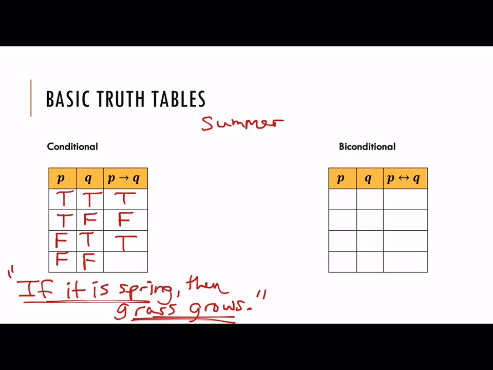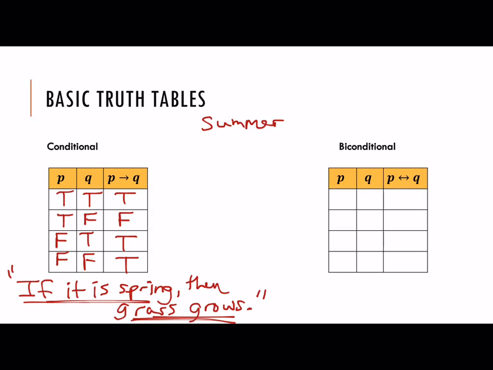And then if it's not spring and the grass is not growing, so maybe it's winter and the grass isn't growing, then that doesn't mean that this statement's a lie. It just means I wasn't really speaking to the situation right now. So I'm making a different sort of statement. In that case, we would also say that this is still a true statement.